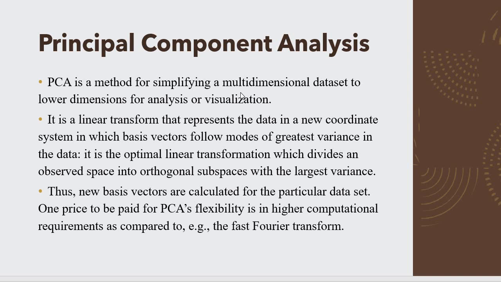It is a linear transform that represents the data in a new coordinate system in which the basis vectors follow the directions of the greatest variance in the data. It is the optimal linear transform which divides an observed space into orthogonal subspaces with the largest variance. Thus the new basis vectors are calculated for the particular data set.